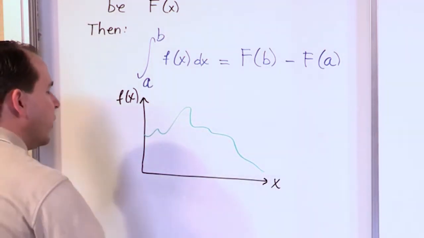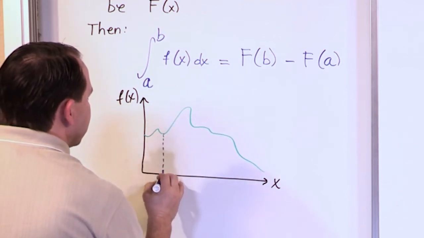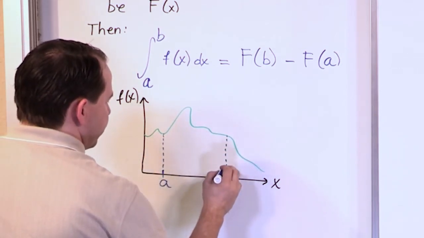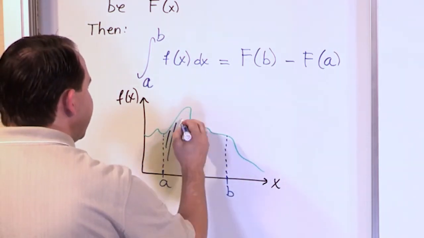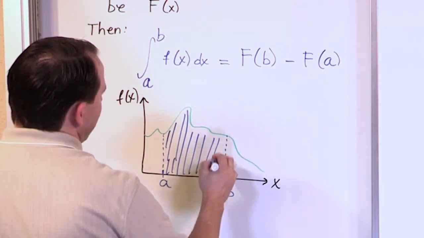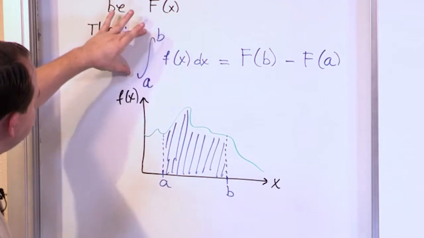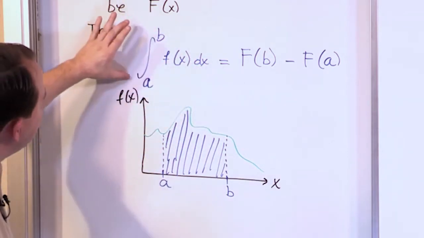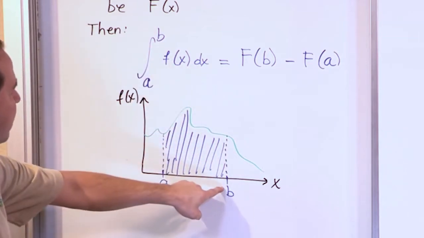All right? And what it's basically saying is, if I pick a point A, and I pick a point B, then to find the area underneath this curve, all the way from A to B, like this, you're going to take the integral of the function over dx from A, the lower limit of integration, up to B, the upper limit of integration.